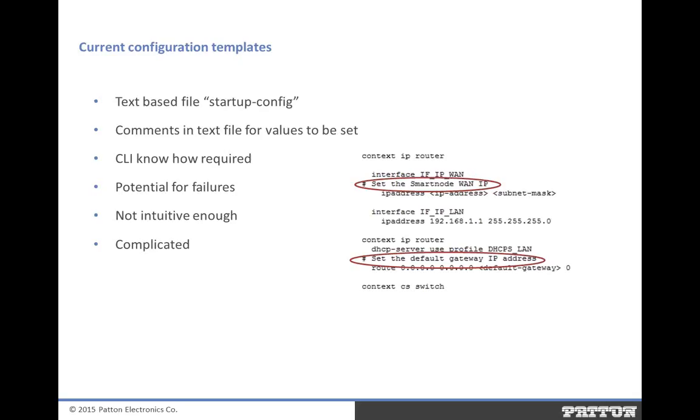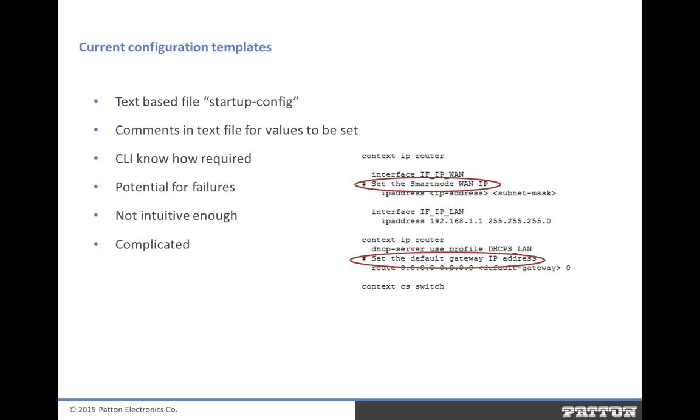On the other hand, as you know, or as you may already have experienced, this way of setting up a device provides quite a high potential for failures, or it's not really intuitive, which overall makes it complicated to do a configuration.